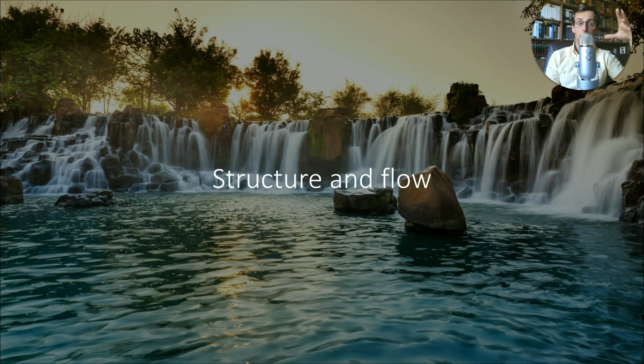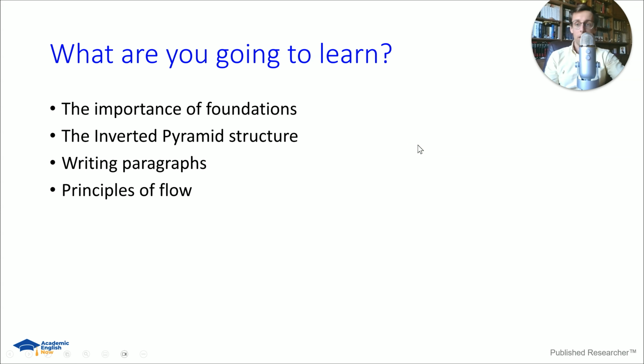I want to explain to you exactly how to tell a coherent story and what the principles of structure and flow are, so you can apply them to any academic text that you're writing. With that said, let's take a look at what we're going to cover today. First, we're going to look at the importance of foundations, and then we're going to look at the inverted pyramid structure, how it works in different sections, in a thesis, in journal papers, and so on.